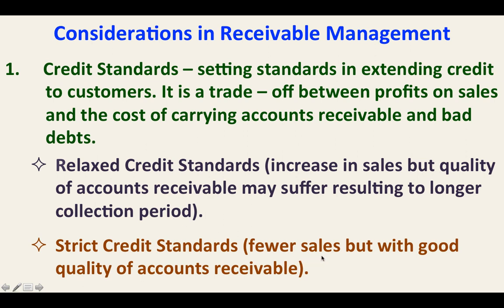So fewer sales but with good quality of accounts receivable. Dahil strict yung ating credit standards, ina-examine natin ng husto kung sino yung pauutangin natin. So in that, we will have fewer sales. Pero yung quality naman ng ating mga nangutang is maganda. Okay? Meaning, ang ating bad debts then will be lesser.